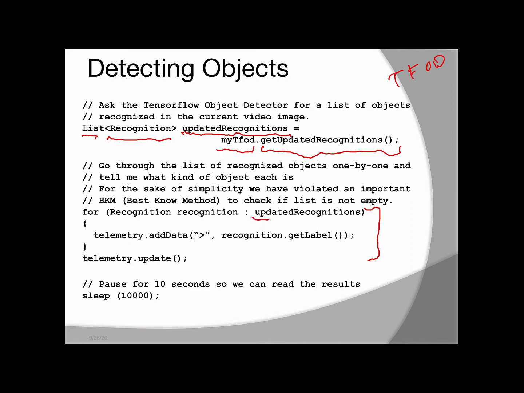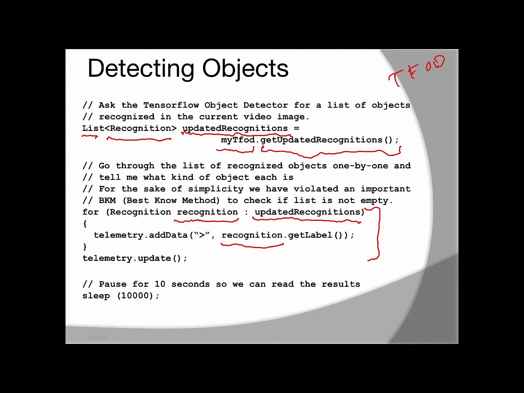Within that for loop, we've mentioned that we're going to loop through all those recognitions, all 5 of them, and each time through the loop, we're going to call each one of those items in the list a recognition. So the first time through the loop, that recognition is going to be a silver mineral. And so when I come down over here, I have recognition again.